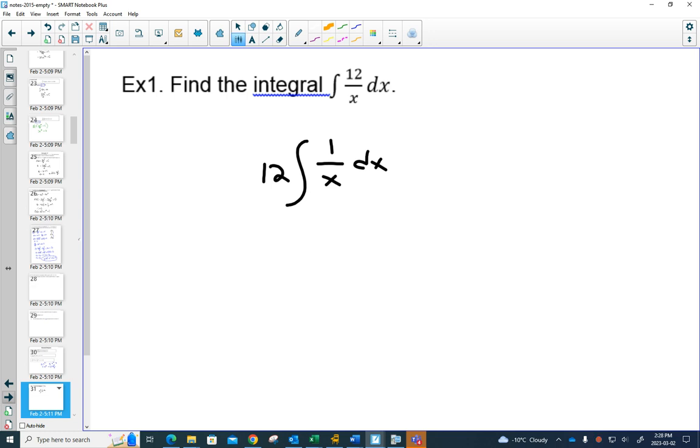This lets you see really easily that you have a natural log. So try the next 2 on your own.